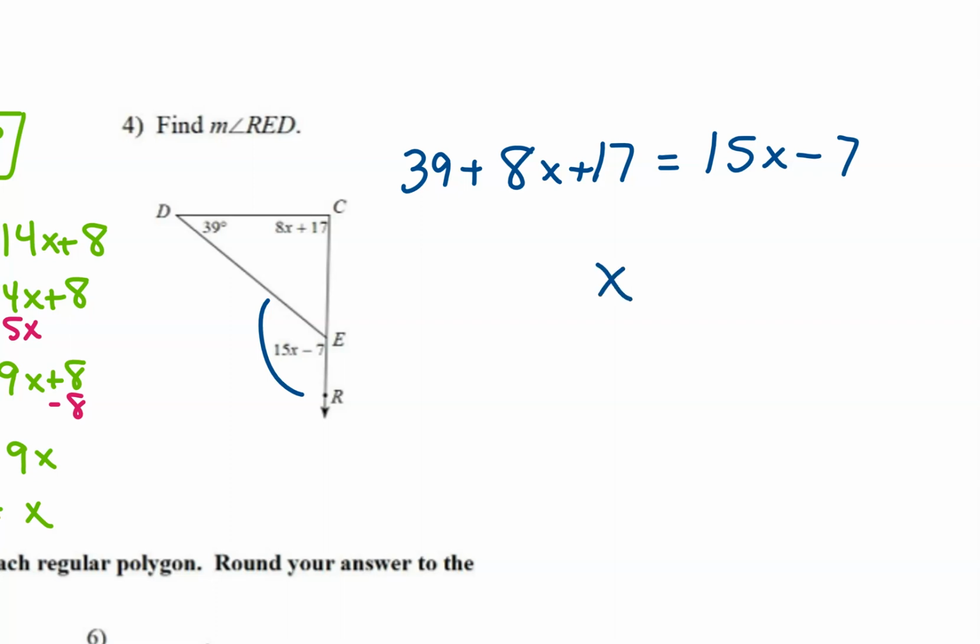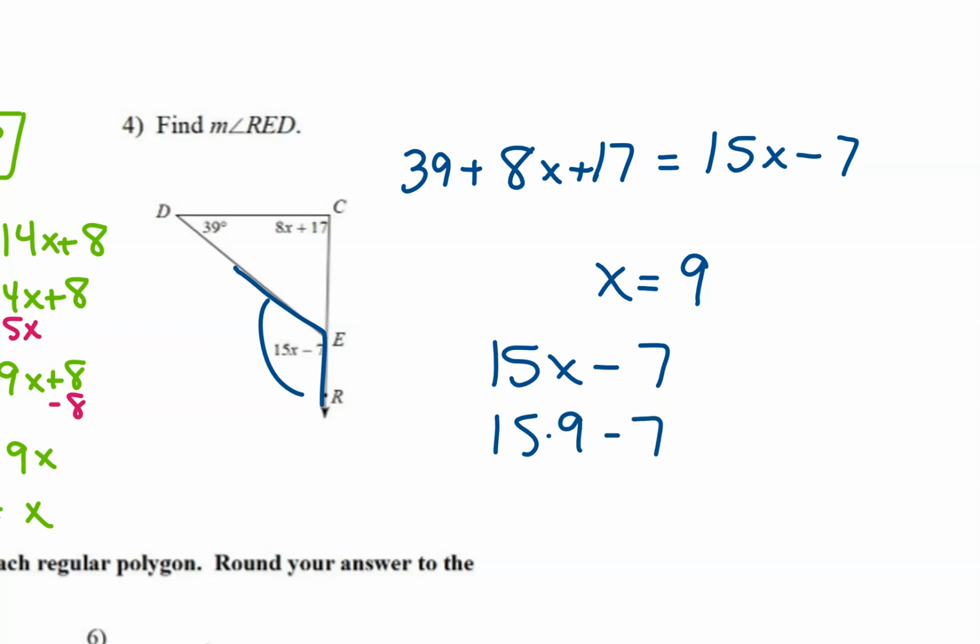And you should have ended up with x equals 9, right? Yes. So we get x equals 9, and they wanted the measure of angle RED, which is this one here. So we would do 15x minus 7, so 15 times 9 minus 7.